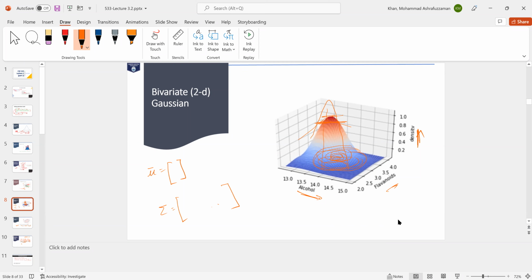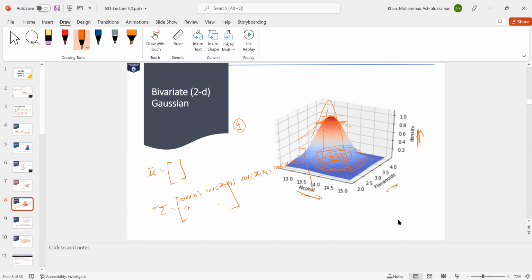For example, suppose we have not a Gaussian distribution with two features only, but maybe with four features. Then the covariance matrix will hold the covariance value for all kinds of relations between these four features. For example, it will have covariance of x1, x1, covariance of x1, x2, covariance of x1, x3, and covariance of x1, x4.